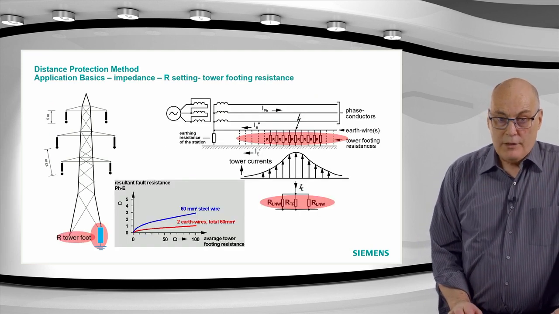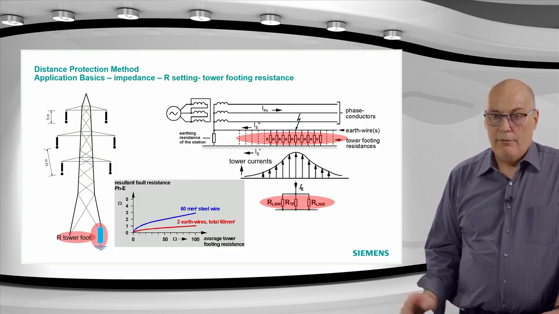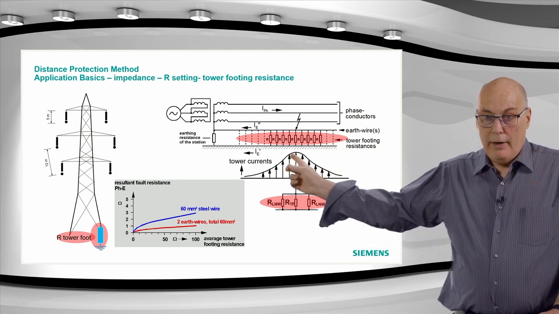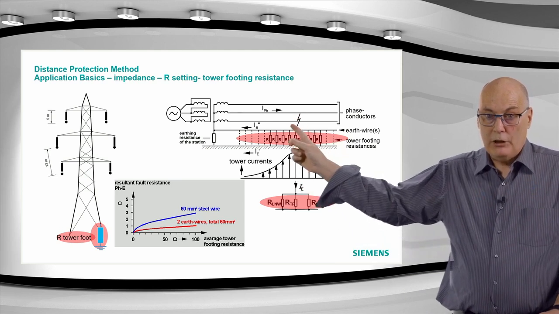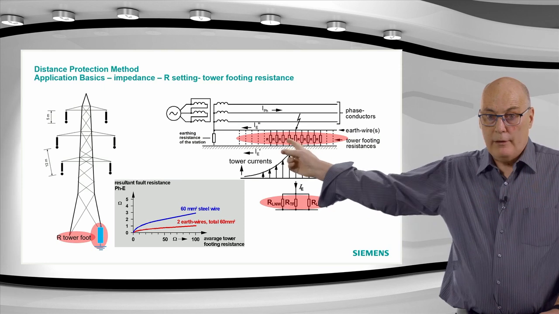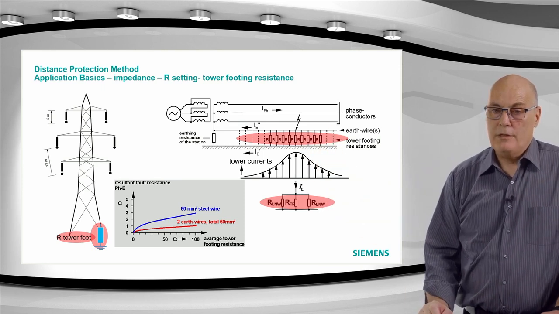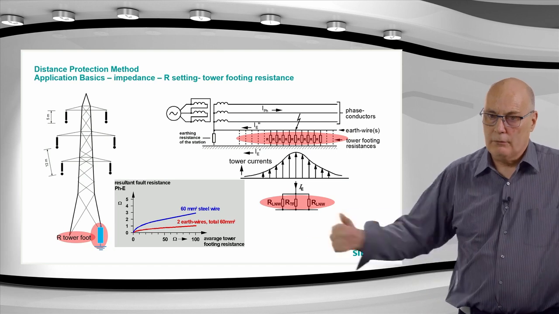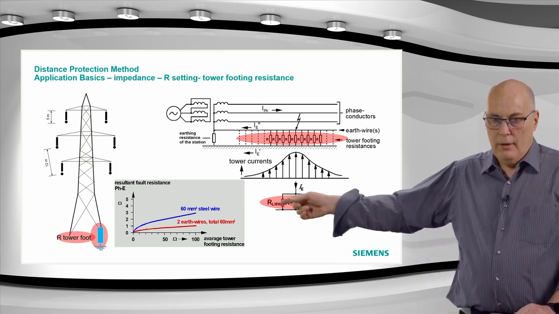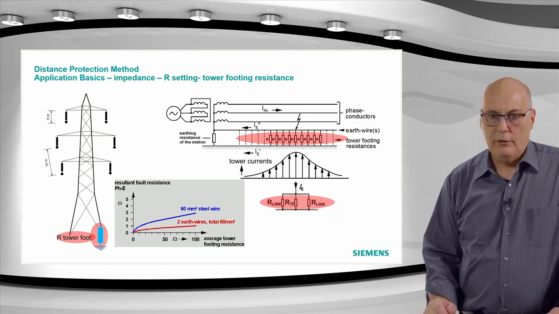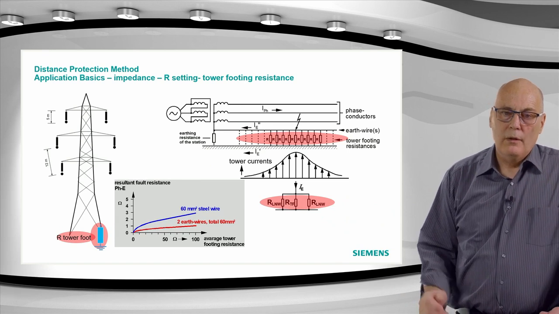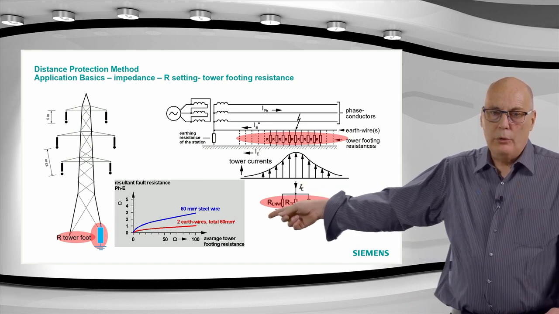For the tower footing resistance, again, as noted before, there are a number of them in parallel. The current will flash over to the tower and then it will separate along the ground wire and come down on parallel tower footing resistances. So we don't look at one, it's basically a combination of those in parallel. And we use, for example, this graph here, which will give you some typical values for a single or a dual earth wire.